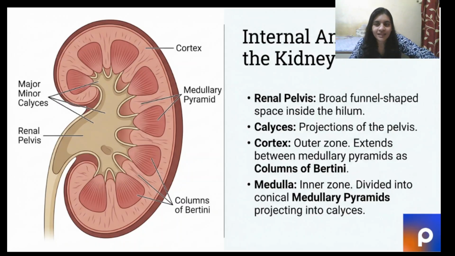Then there is the cortex, the outer zone of your kidney. And the inner zone of the kidney is called the medulla. Now you see there are projections in the medulla coming in, so it is divided into medullary pyramids, which are projecting into the calyces. Calyces were the projections of the pelvis. So I hope you all now have a basic orientation of our kidney structure.